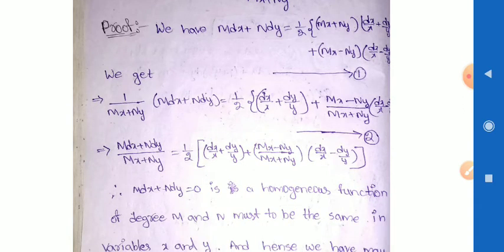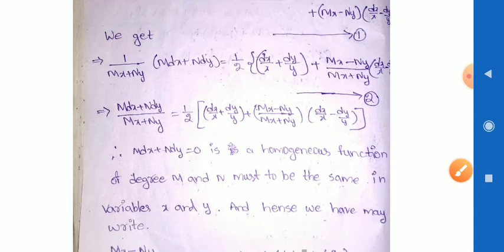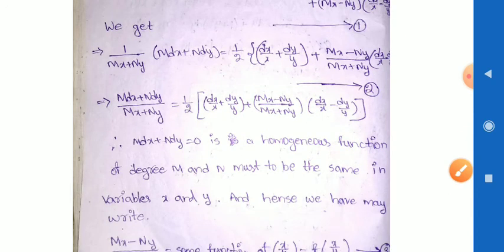Now this equation can be written as (M dx + N dy)/(Mx + Ny) = 1/2 [(dx/x + dy/y) + ((Mx - Ny)/(Mx + Ny))(dx/x - dy/y)].